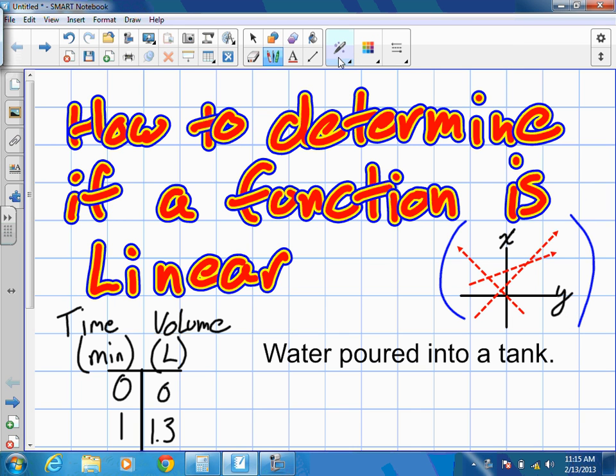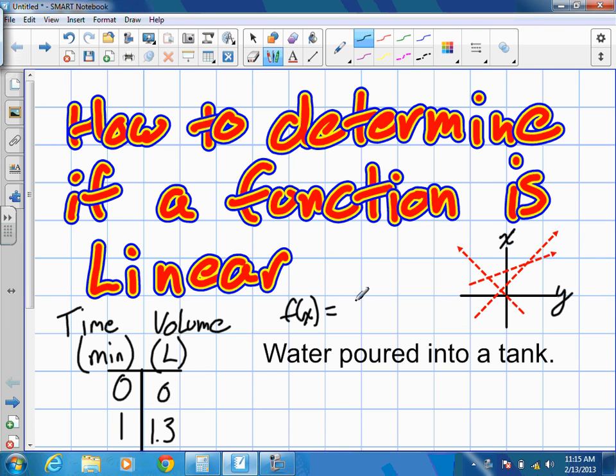If they've given it to you as an equation, f of x, remember we're using this notation, is equal to 4x minus 2. In terms of it being linear, we have to look at the variable in the function. The variable is to what power makes it linear? 1. Now normally we don't write that 1 in.